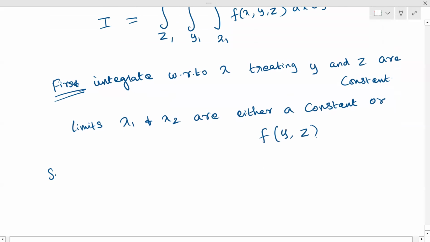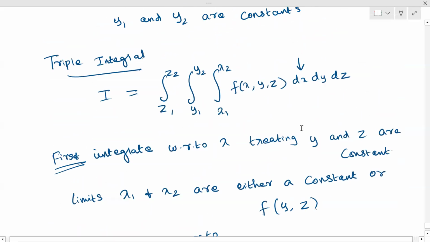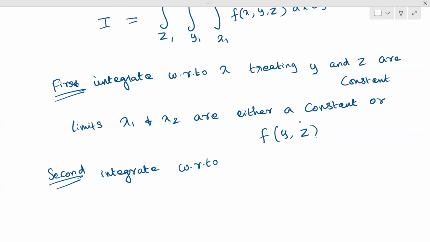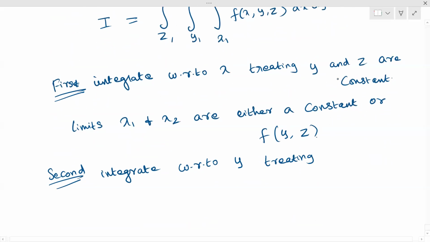Second, we have to do the middle integration. Second, integrate with respect to what is the middle variable? Here the middle variable is y. With respect to y, treating the other variable. What is the other variable? That is z. Treating z as a constant.